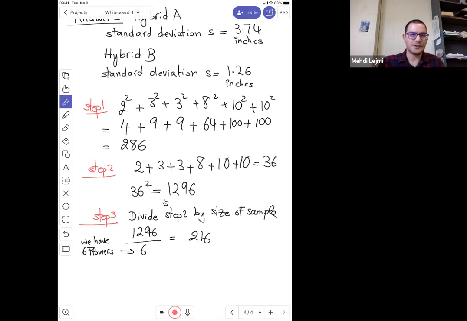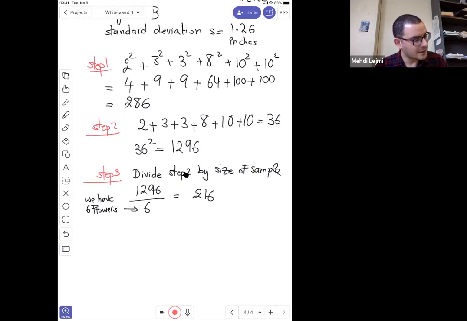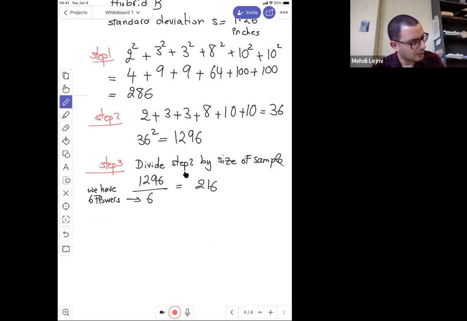All right, that's cool. So then in step 4, we're supposed to take the difference between step 1 and step 3. So the answer in step 1 minus the answer in step 3.